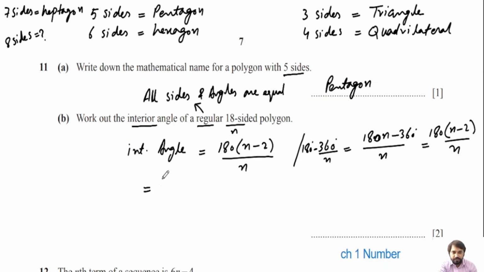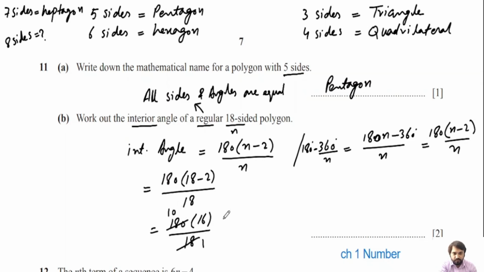Now putting the values here, we have 180 into 18 minus 2 over 18. So 18 minus 2 is 16 over 18. 18 goes one time, so in the numerator we have 10 into 16, that will be 160. So 160 degrees is the interior angle of this 18-sided polygon.